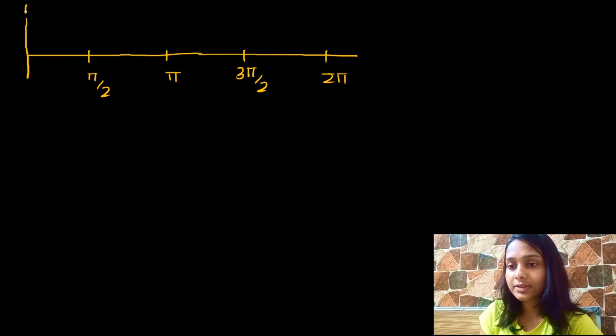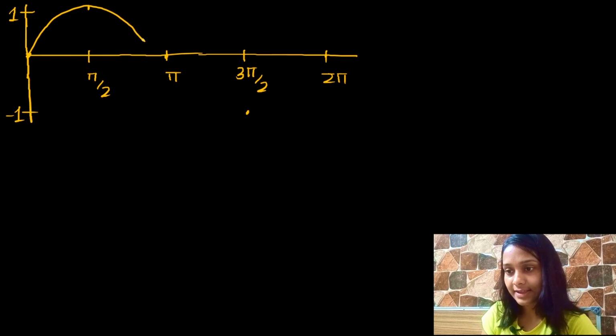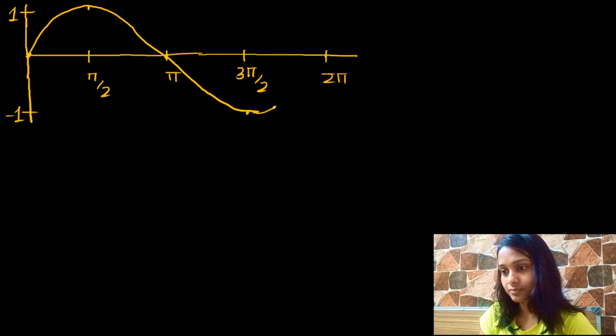And this value is 1 and here it is minus 1. So sine of 0 is 0, sine of pi by 2 is 1, sine of pi is again 0, sine of 3 pi by 2 is minus 1, sine of 2 pi is again 0. So the graph of sin x is like this. So this is sin x.